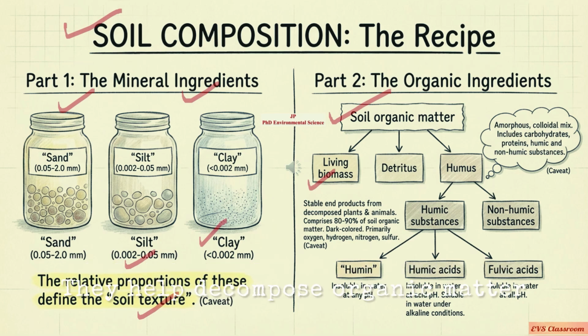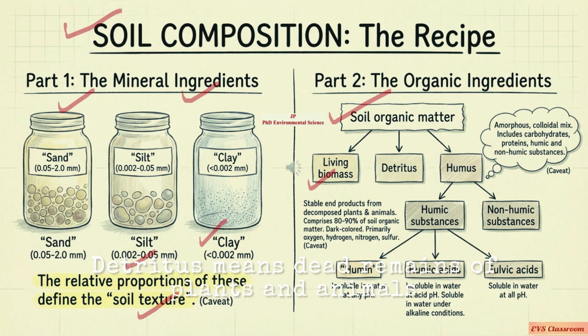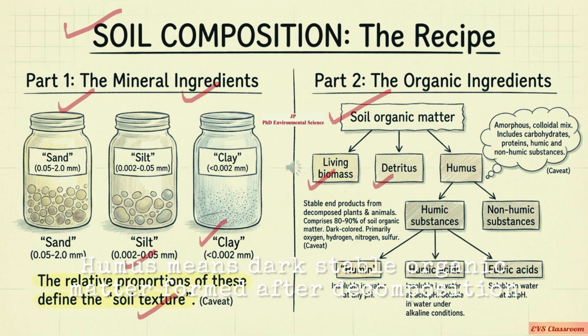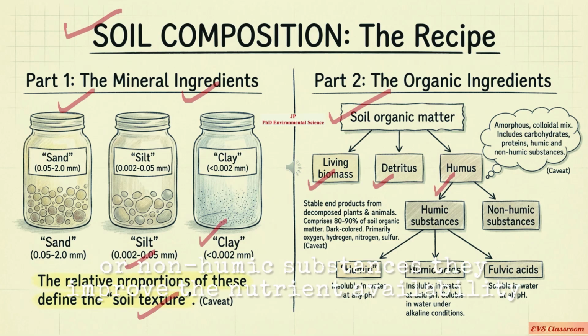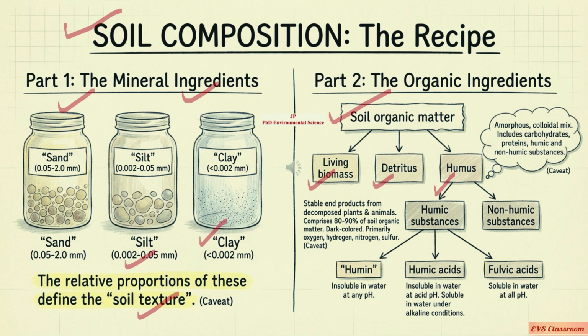They help decompose organic matter. Detritus means dead remains of plants and animals. Humus means dark, stable organic matter formed after decomposition. Humic substances and non-humic substances improve nutrient availability and soil structure.